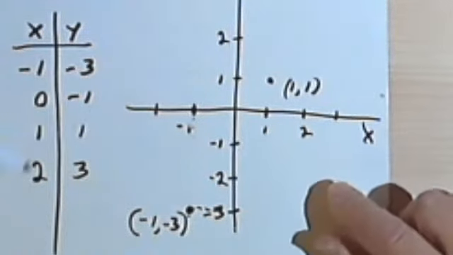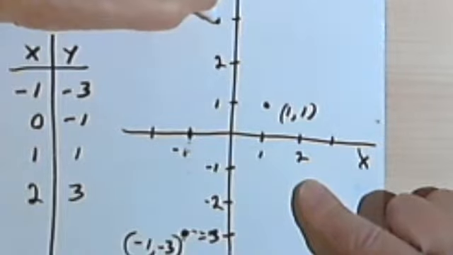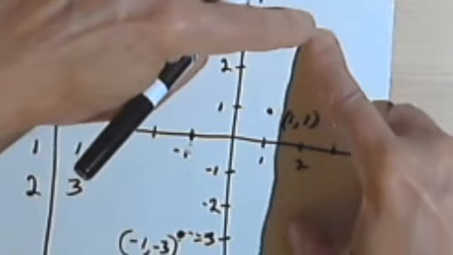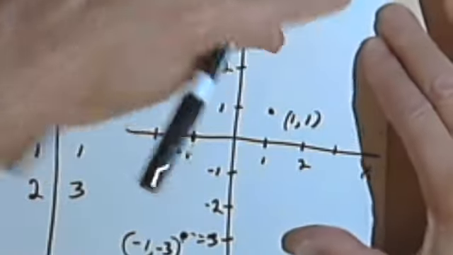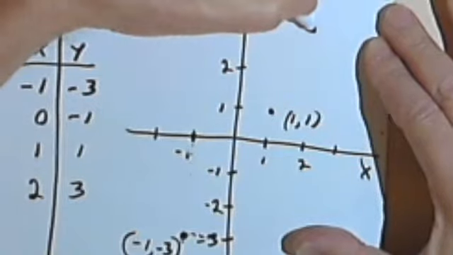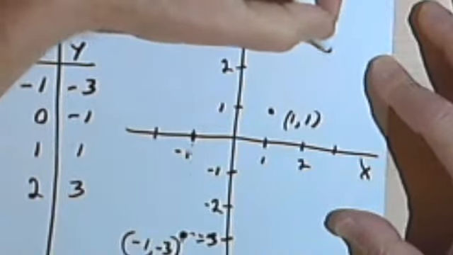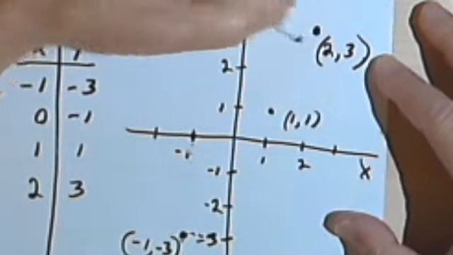Okay, so I want the x to be 2 and y to be 3. Here's my 3. I can just use my fingers and kind of estimate where that is. If I had graph paper, I'd know exactly where it was. And that should be right about here. Okay, so there's my ordered pair, 2, 3, and I'll label that.